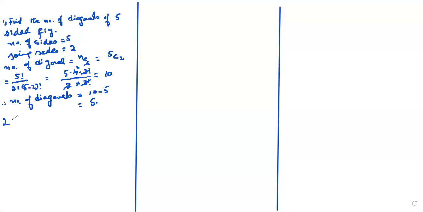Find the number of triangles formed by joining the vertices of a 5-sided figure again.